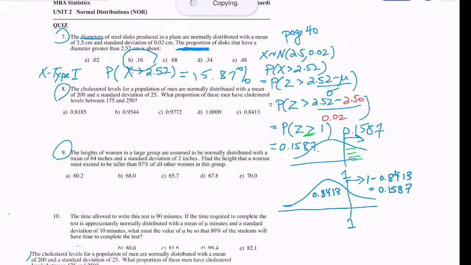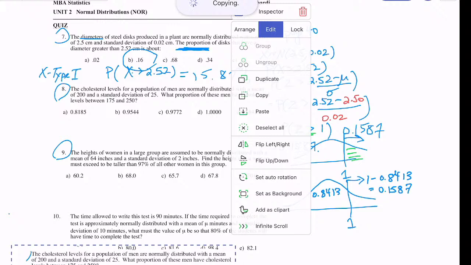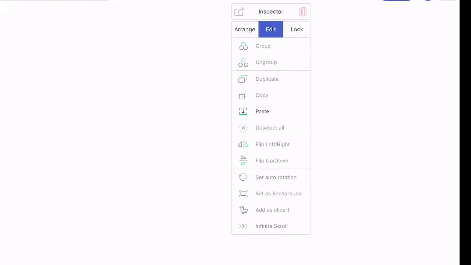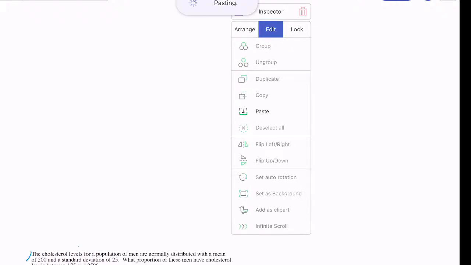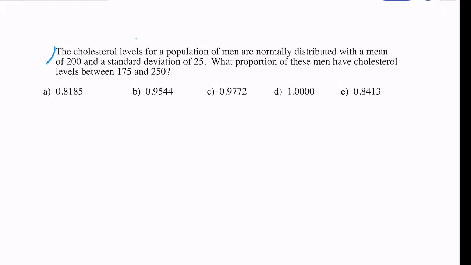That was not a good idea. So this is the second problem. Try this one.